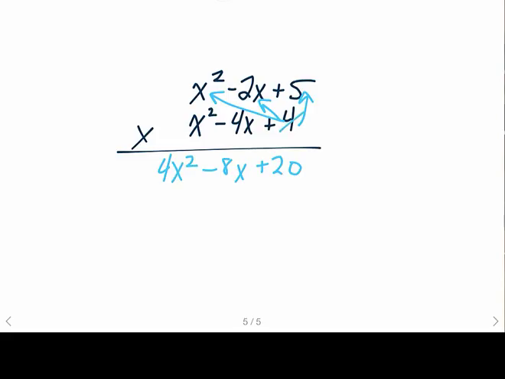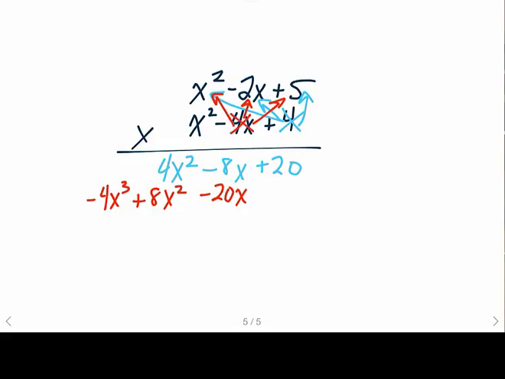Now I've exhausted 4, so we're going to move on to the next term in that bottom polynomial, negative 4x. Negative 4x times 5 is negative 20x, and I'm stacking these in such a way that like terms are grouped. Negative 4x times negative 2x is a positive 8x squared, and negative 4x times x squared is negative 4x cubed.